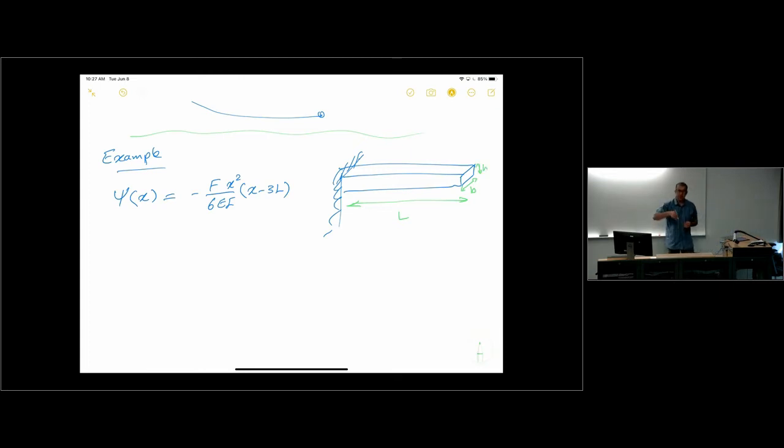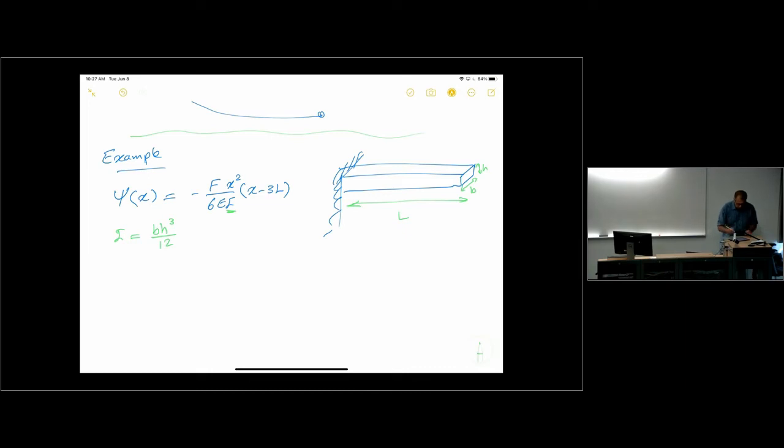Now, because I'm pushing it downwards, I can show that the moment of inertia I need here is going to be BH cubed over 12. So remember, in whatever plane you're bending the beam, you have to take the thickness in that plane cubed times B divided by 12.